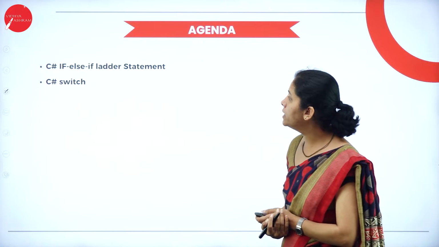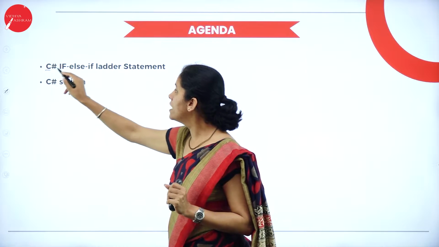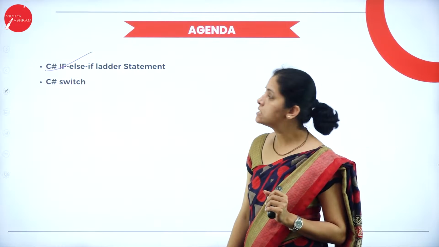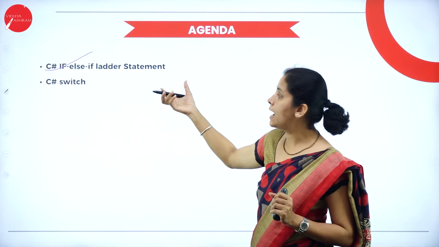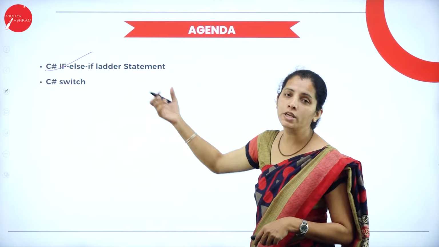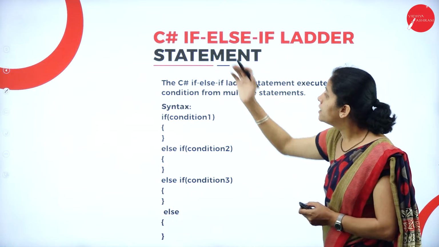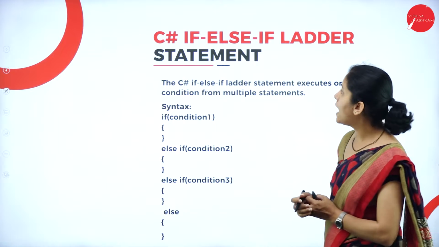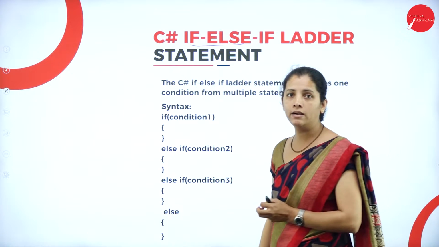But in my today's session, I am going to deal with the C# if else if ladder statement, along with the C# switch statement. So dear student, at the beginning, I am going to have the if else if ladder.